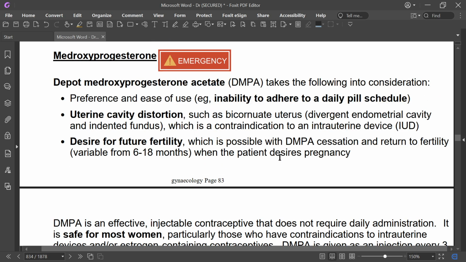Then medroxyprogesterone acetate, DMPA. In depot medroxyprogesterone acetate, we take the following into consideration: preference and ease of use, inability to adhere to a daily pill schedule, uterine cavity distortion, and desire for future fertility.